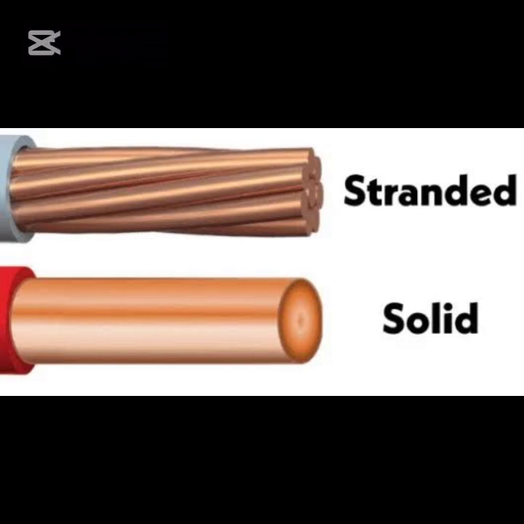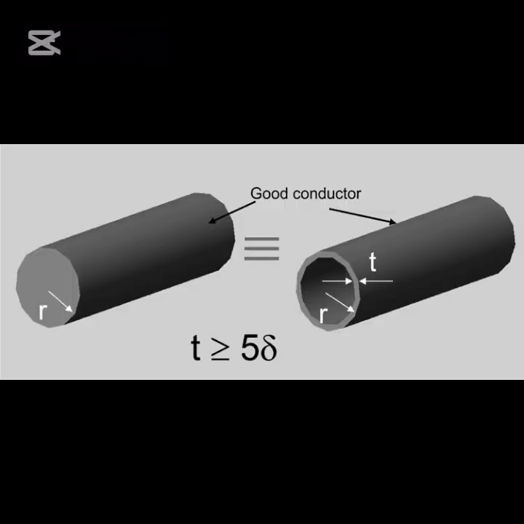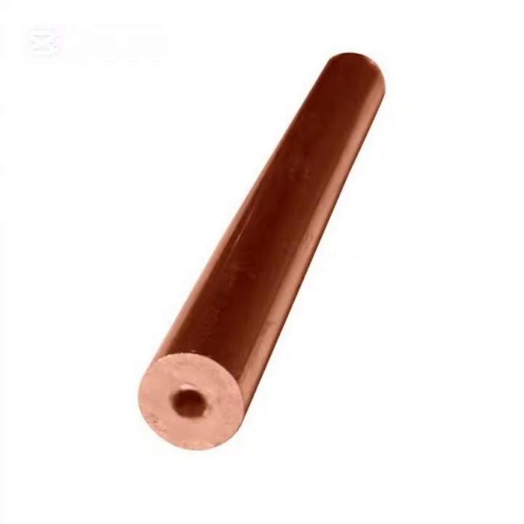This minimizes the skin effect by ensuring each strand occupies different positions over its length, maximizing surface area for current flow. 4. Utilizing hollow, or tubular conductors instead of solid ones. This reduces weight and cost without significantly impacting performance.